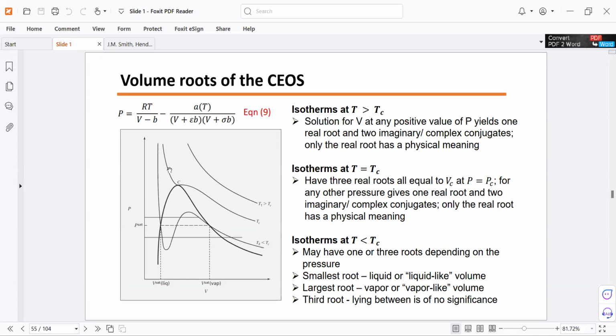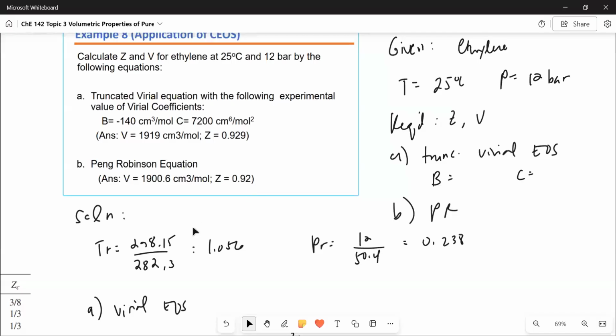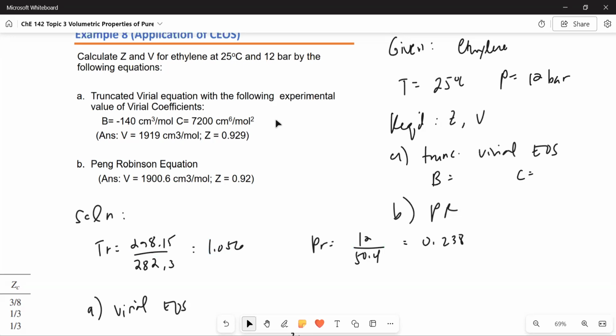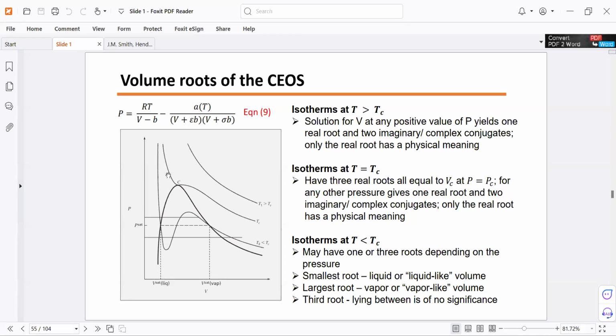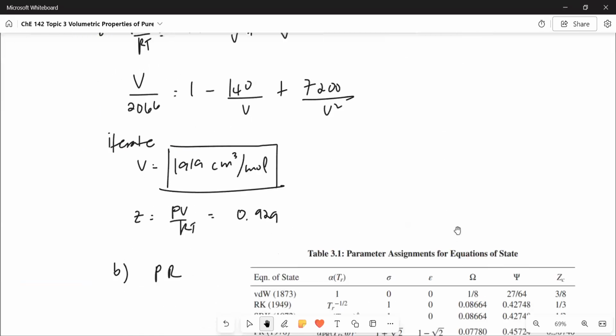Although the pressure is below the critical, let me check. TR is greater than 1 just a bit, and PR is less than 1. So it might be somewhere right here, but it's still vapor. So we will use the vapor equation.